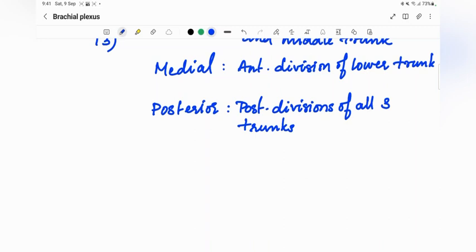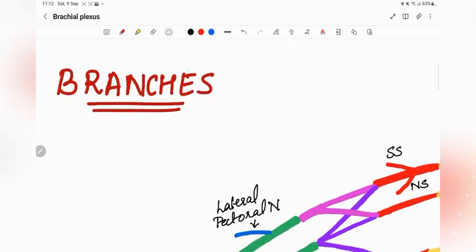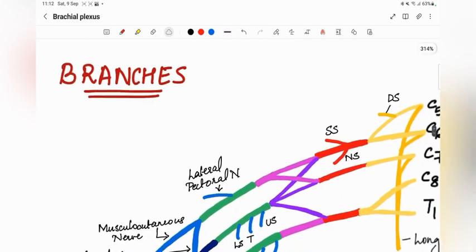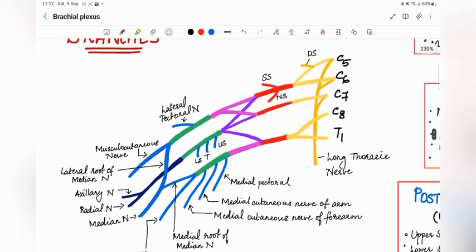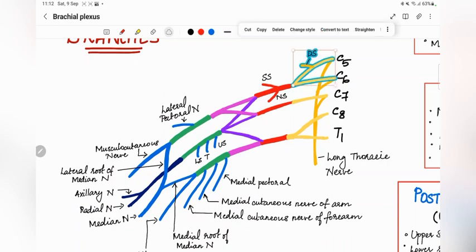Next, let's talk about the branches of the brachial plexus. So along with the branches, this is how the brachial plexus looks. First, let's talk about the branches that arise from the root of the brachial plexus. As you can see, we have two nerves, the long thoracic nerve and the dorsal scapular nerve.